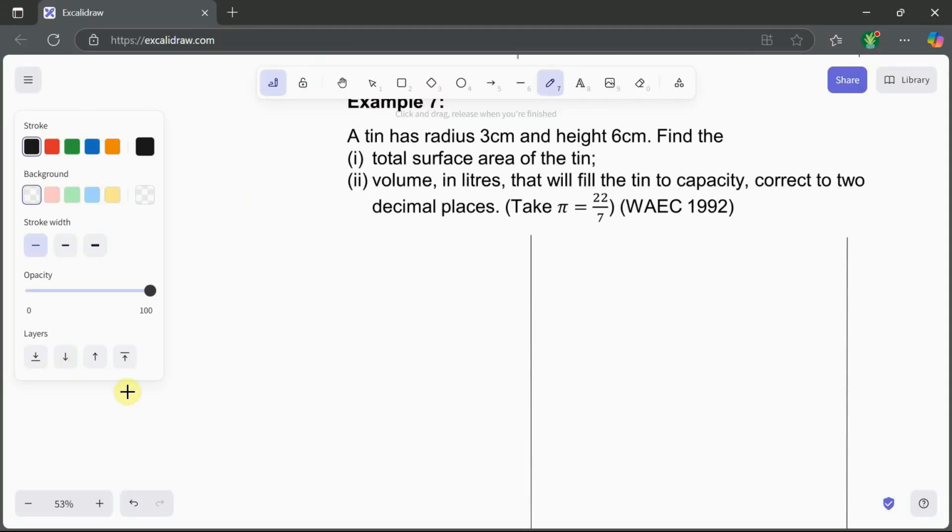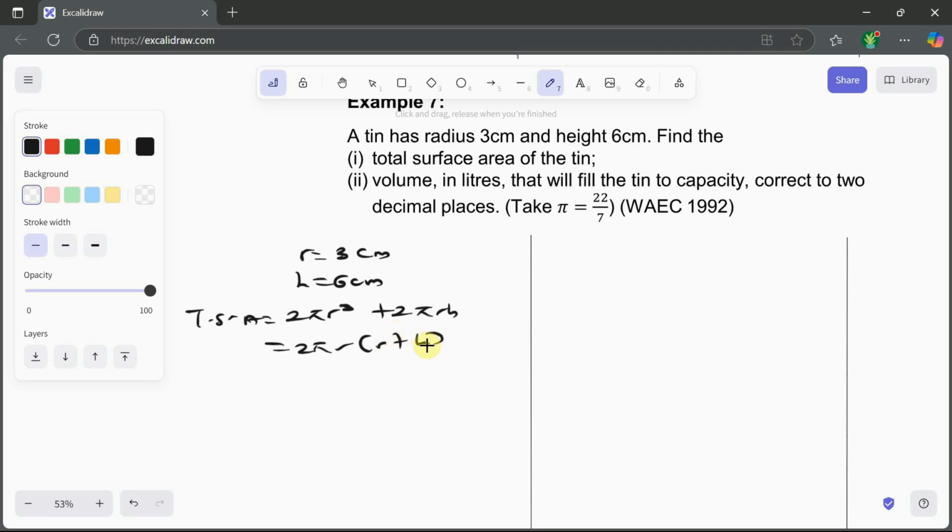So if I were to solve this, my radius is 3 cm, my height is 6 cm. Total surface area would just be 2 pi r squared, top and bottom, plus 2 pi r h, which is the curved surface area. So if I factor out 2 pi r, this will be r plus h, and this will be 2 times 22/7 times 3 times (3 plus 6).